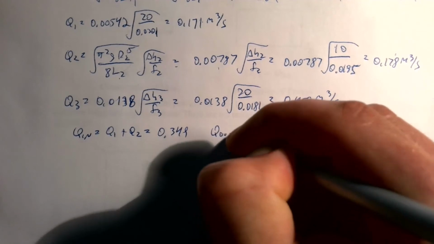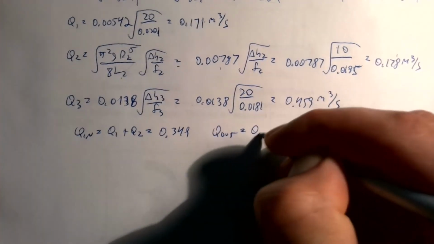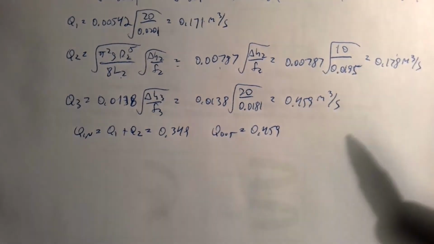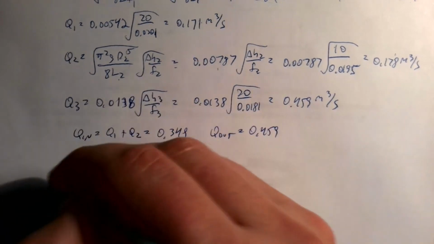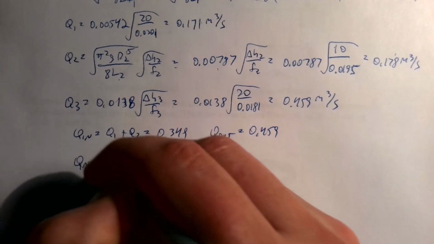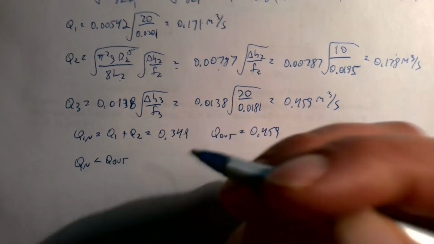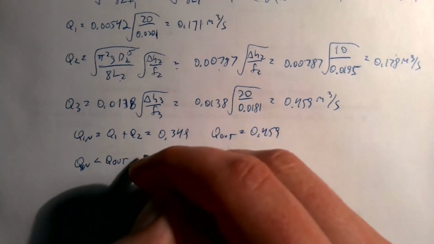Then Q out is equal to 0.459, since only this one is coming out. So Q out is bigger than Q in, or Q in is less than Q out.